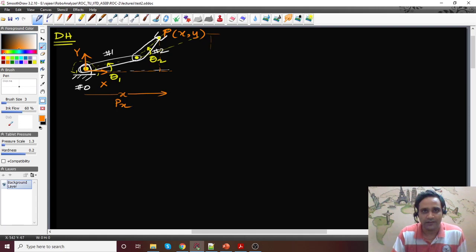Similarly, the vertical distance is py. Now the links have a particular dimension. We call the length of this link a1. Similarly, from here till the end we'll call it a2.